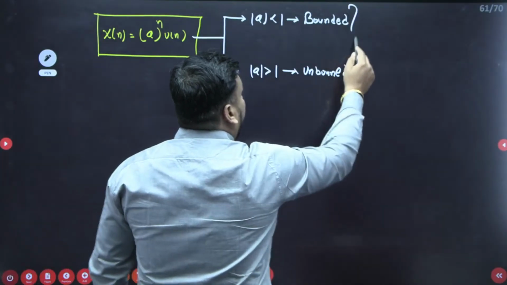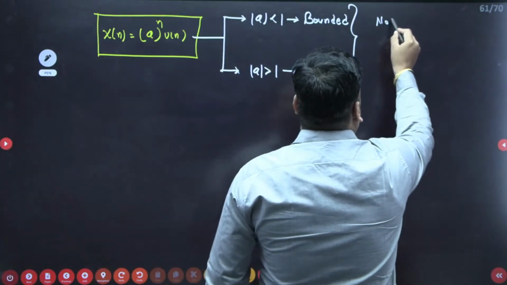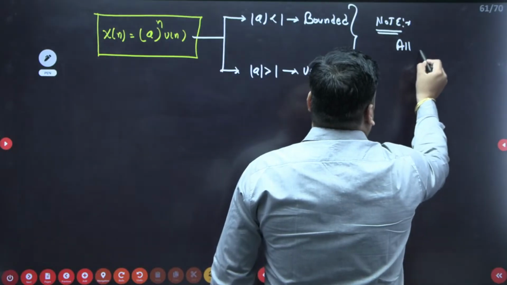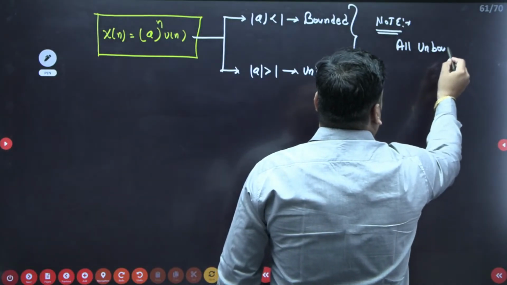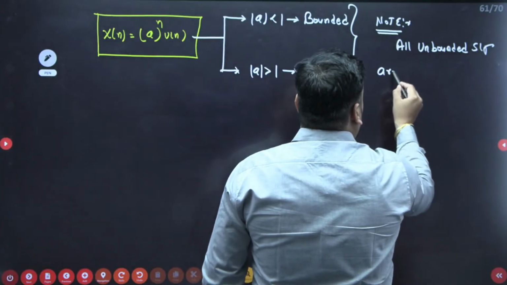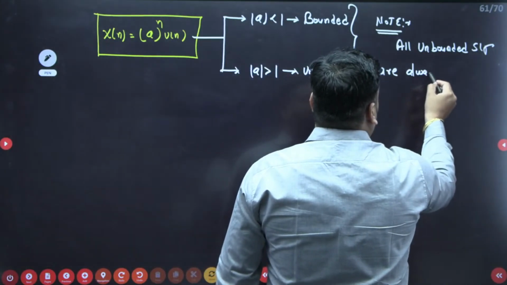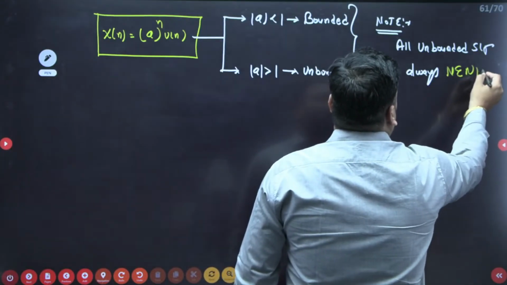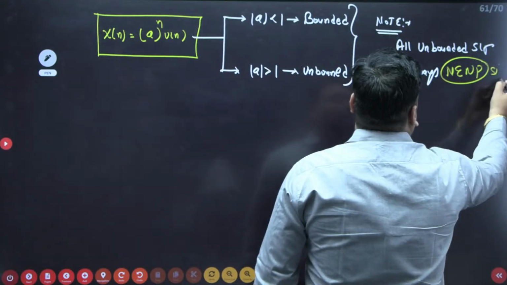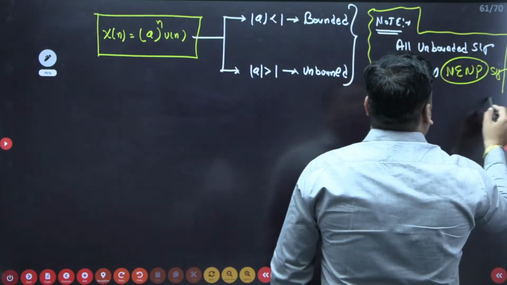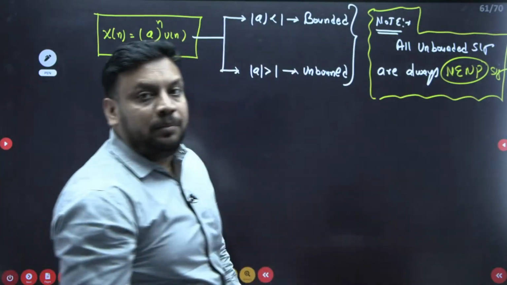And we know, as a note, all unbounded signals are always NENP signals. It means neither energy nor power signal. So this is my note: all unbounded signals are always NENP signals.